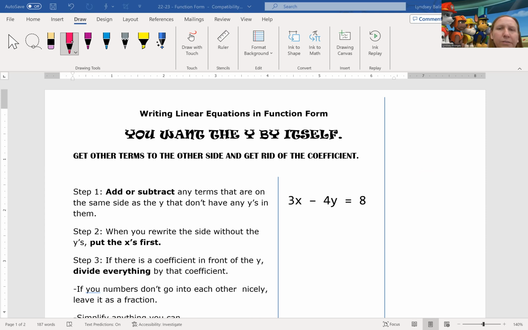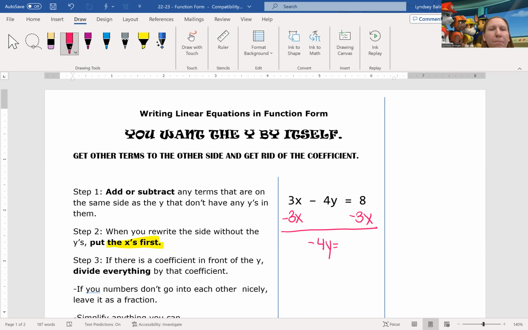Like I said, usually it's going to be x's, but it could look a little bit different. But I have a positive 3x, and I'm going to subtract my 3x to move it over here. I'm bringing down a negative 4y on the left side. And we cannot just say 5x on the right because they are not like terms. So I could technically write 8 minus 3x. But because of how we want to lead ourselves into that other form we're going to be doing down the road, that other form specifically wants our x's first on that side.